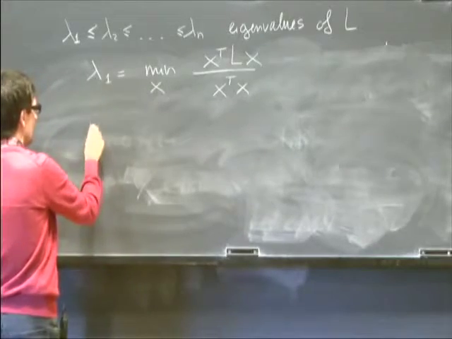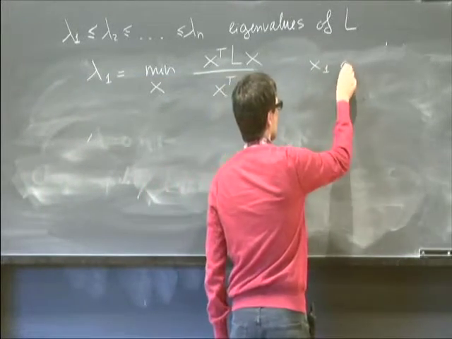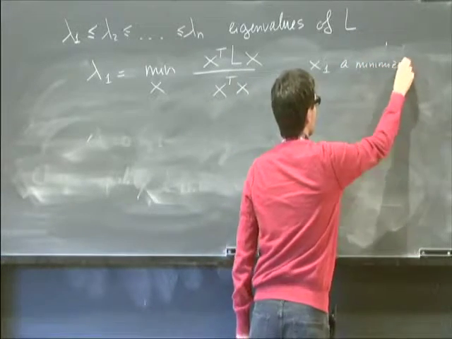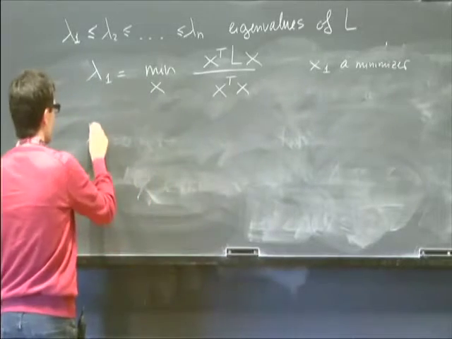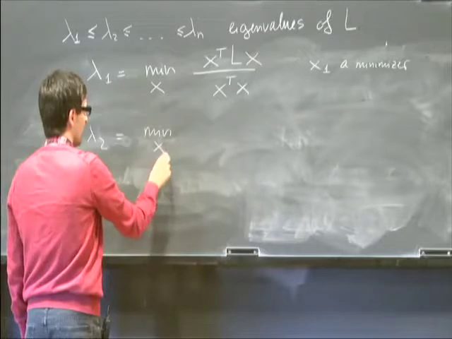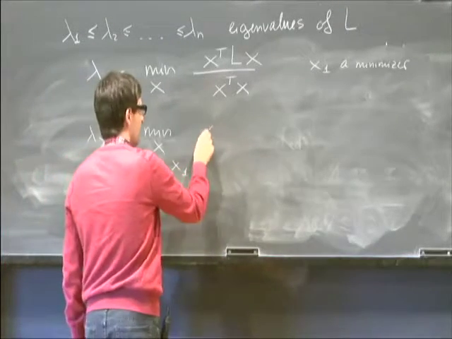And then for lambda 2, let's say that x1 is a minimizer. Then lambda 2 will be the minimum in the orthogonal space of x1 of the same quadratic form.